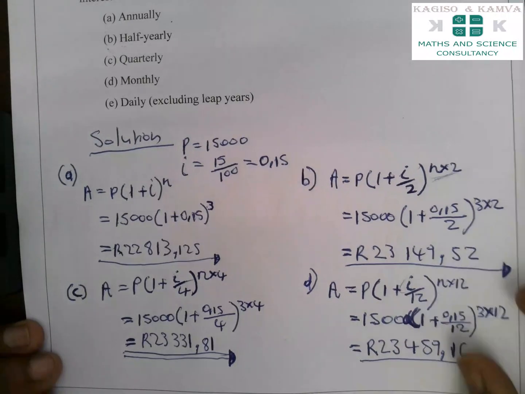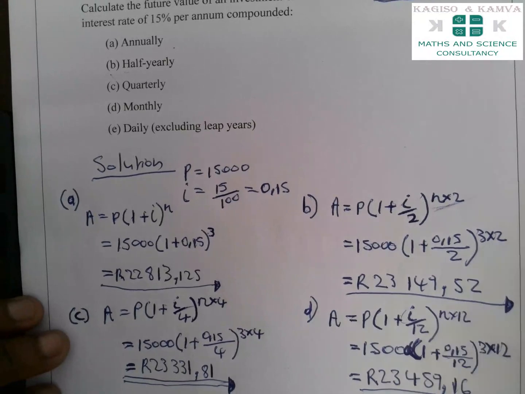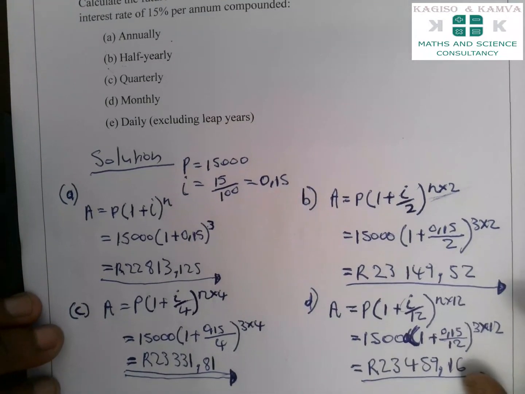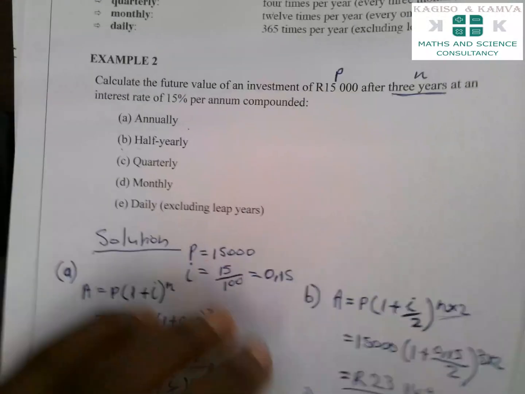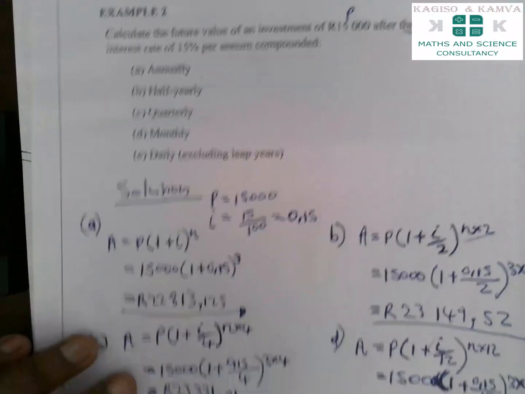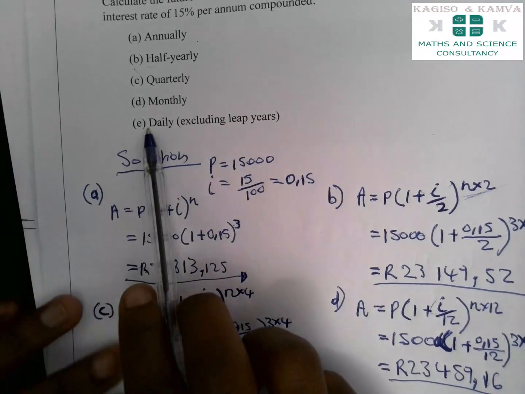So if interest is added every month, at the end of the period of which we are investing the money, we're going to get a greater amount. So let us wrap up our lesson by doing the last one.